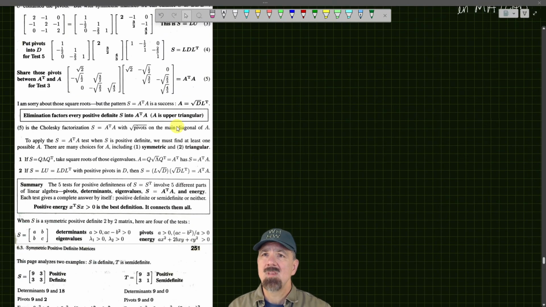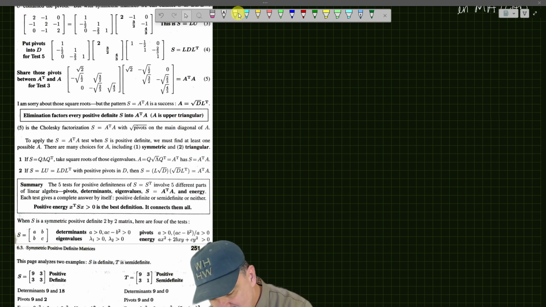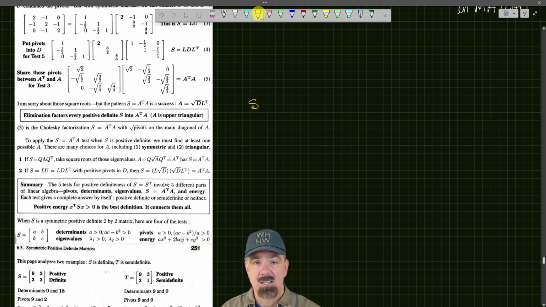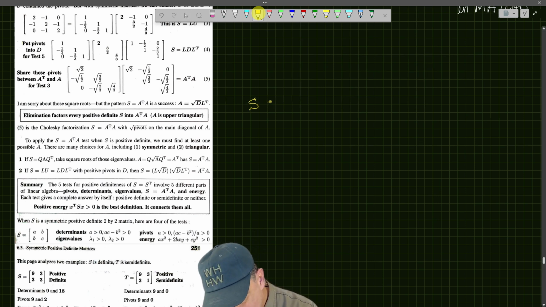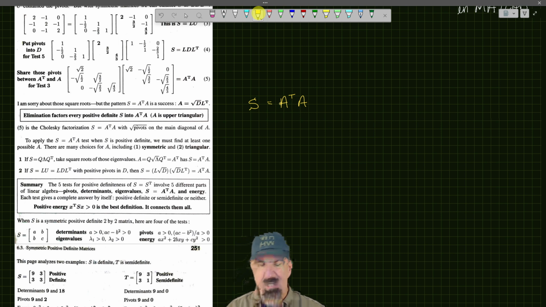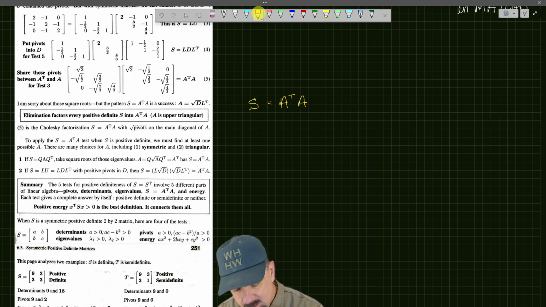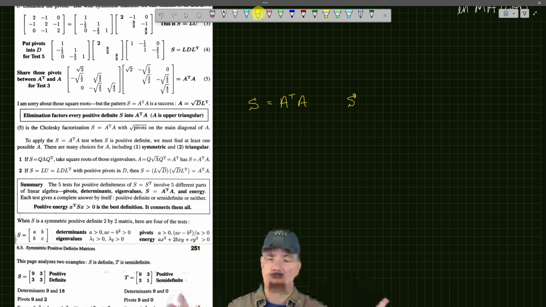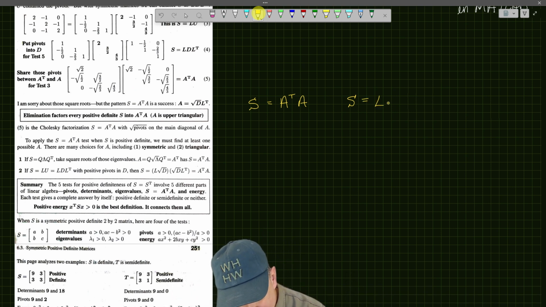So the last thing we want to do is go back to test number 3. We have this really powerful result: if S is symmetric and positive definite, there exists some A such that we can write A transpose A. Reviewing back to the LU decomposition, we know that any symmetric matrix, when we do the LU decomposition on it, we can write this as L U L transpose.